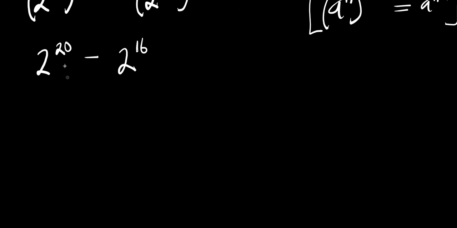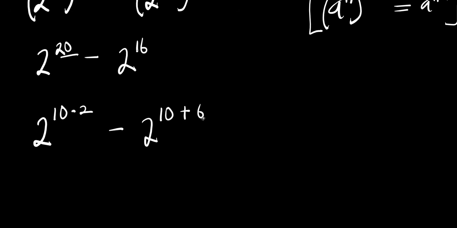Now, from here, I can express this as 2 power 20 simply as 10 times 2, minus 2 power 16, which is simply 10 plus 6, right? So, remember, if you have a power m times n, it equals a power m to the power of n.